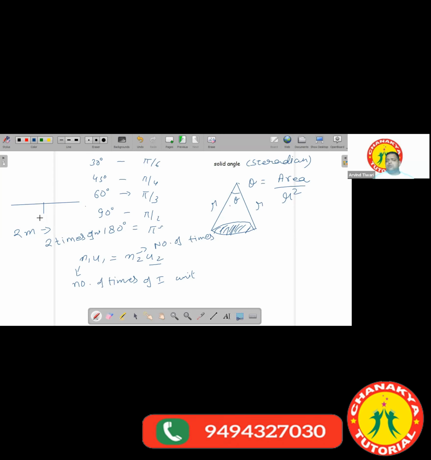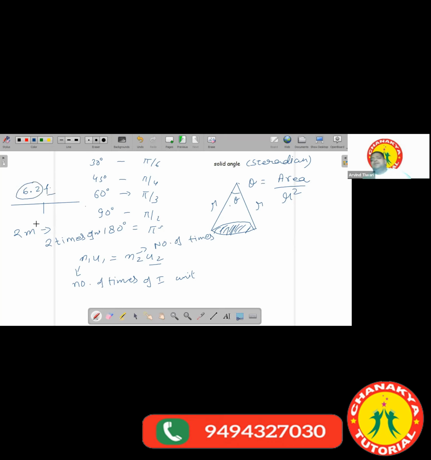So 2 meter means 2 times of meter. 2 kilogram means 2 times of kilogram. In the similar way, suppose instead of meter, I'm using foot. So I will say it is equal to 6.2 feet. So this is 6.2 times of 1 foot.